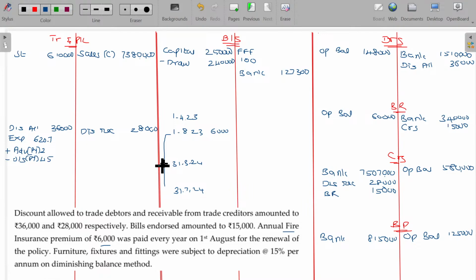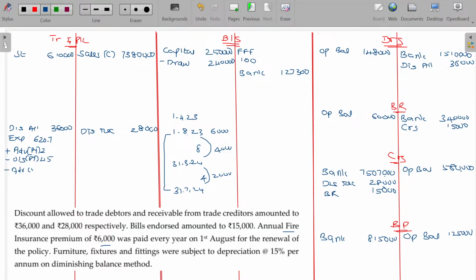One complete year means it starts from 1st August and ends on 31st July. For this period, how much could it be? 4, 5, 6, 7, 8 months. So 4,000 related to the current period, another 2,000 related to the next period. Otherwise, this is nothing but payment made in advance. Current year advance should be subtracted.